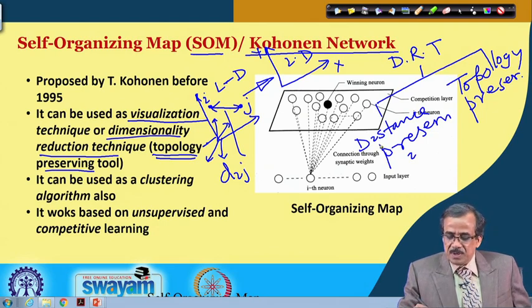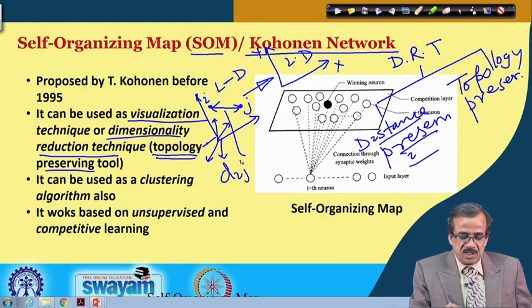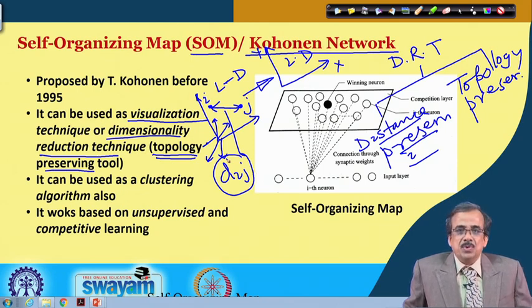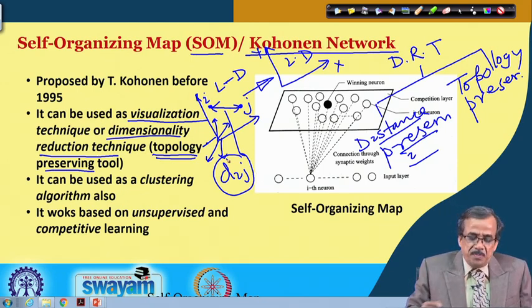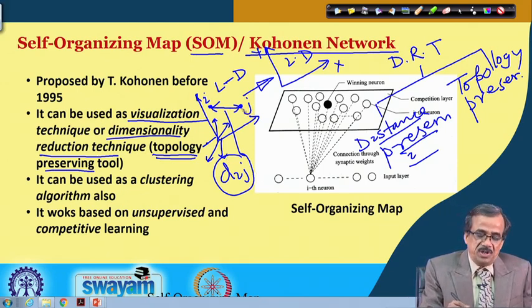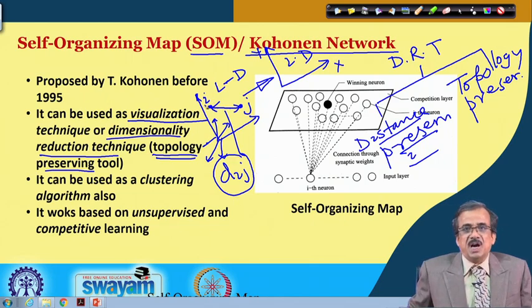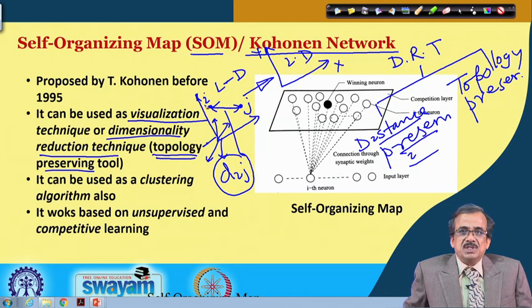In distance preserving technique, we consider only the Euclidean distance between them, but we do not consider the relative position of the jth point with respect to the ith point, whether the jth point is towards the left or the right or the top or the bottom with respect to this ith point. That is not considered in the distance preserving tool.